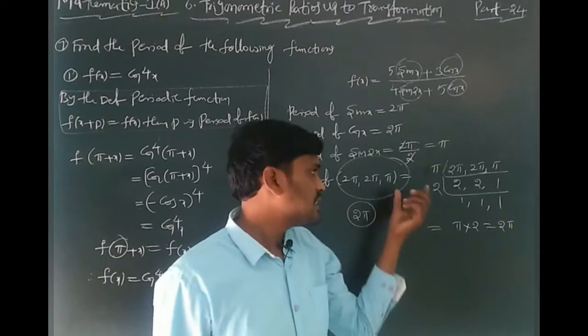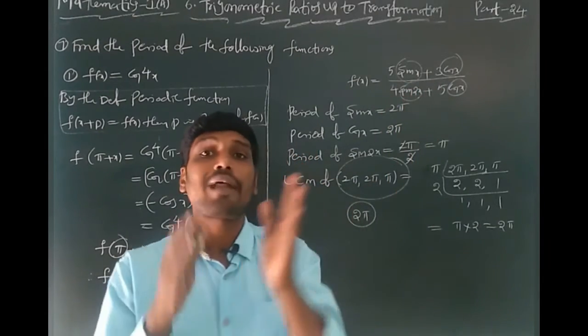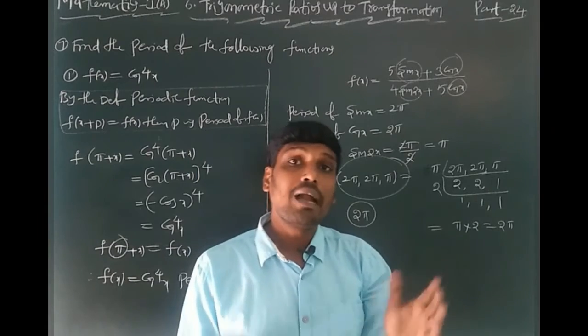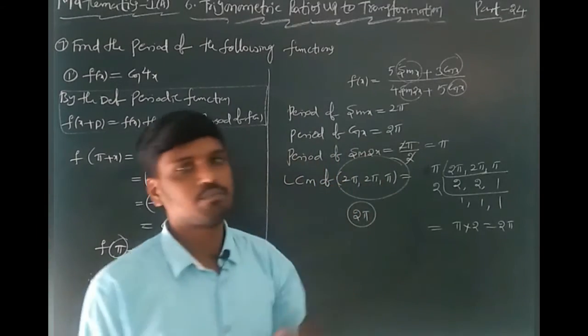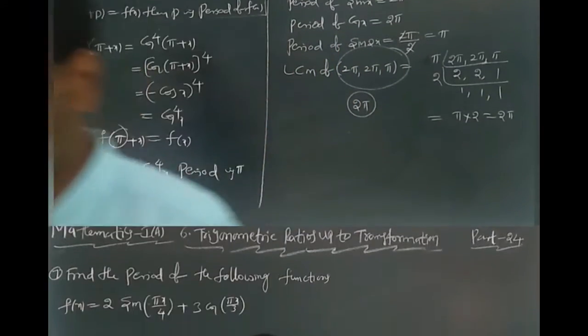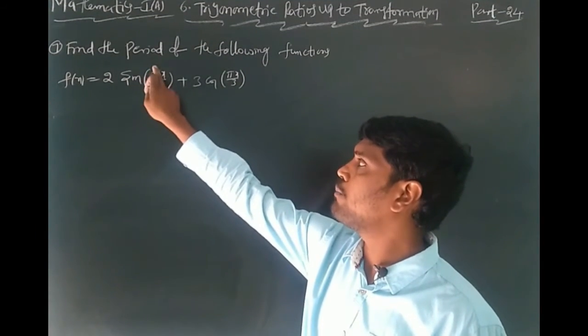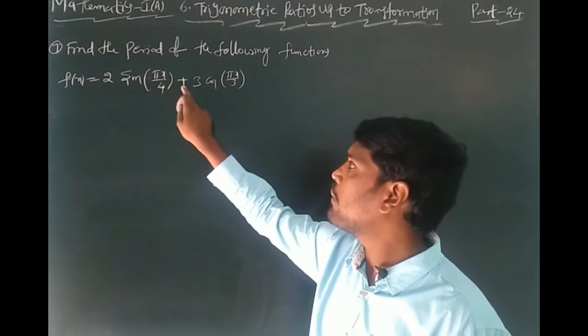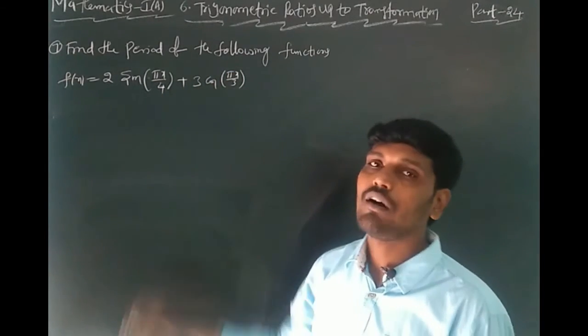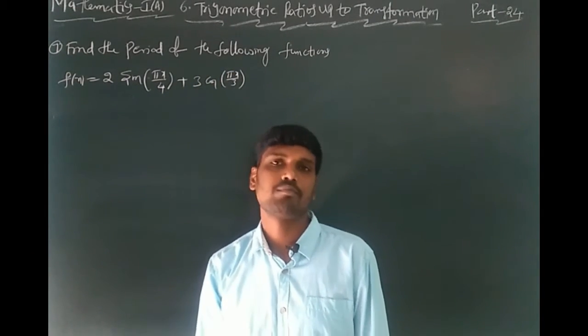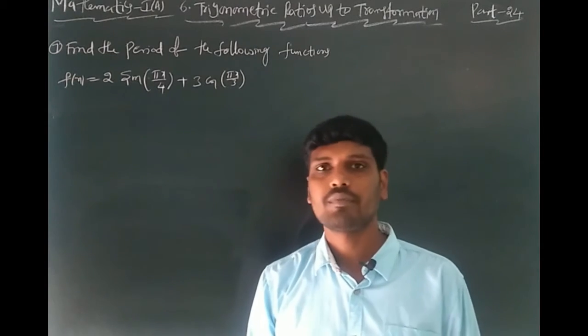Okay students, this is the way to solve the fraction form and multiplication form. Okay students, f of x is equal to 2 into sine of pi x by 4 plus 3 into cos of pi x by 3.